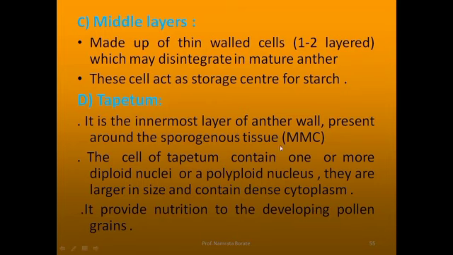The cells of the tapetum contain one or more diploid nuclei or polyploid nuclei. They are large in size and contain dense cytoplasm. It provides nutrition to the developing pollen grain and also contributes in the formation of sporopollenin as a component of the pollen grain.